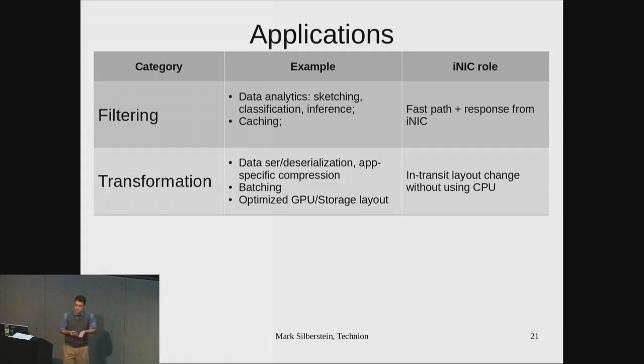Another obvious example is data transformation. You want to do serialization, deserialization. You want to batch things together and give it out to the application already in a packed form. But it also can be used for optimized GPU and storage layout. So you can really go from the NIC directly to GPU and pack the data so that GPU would not need to parse it.